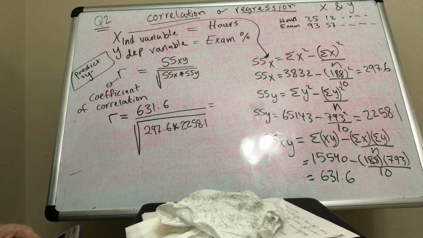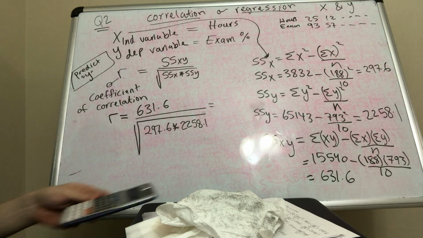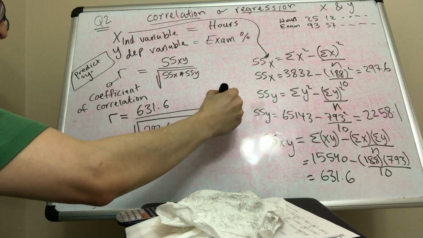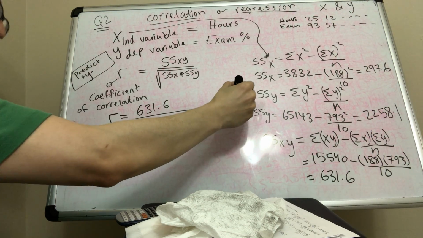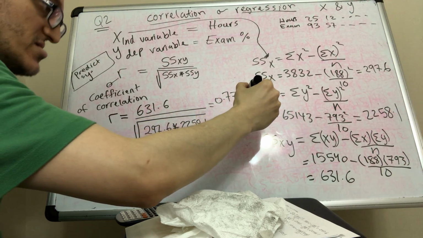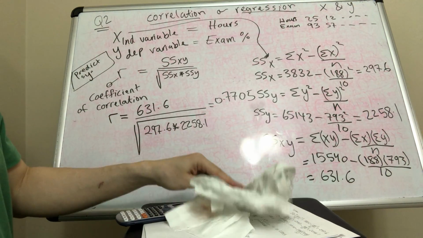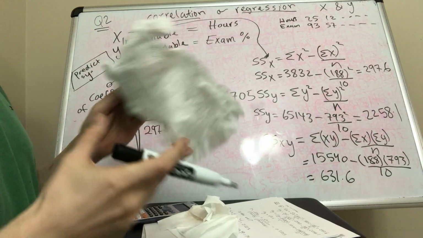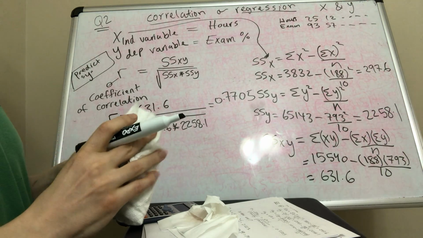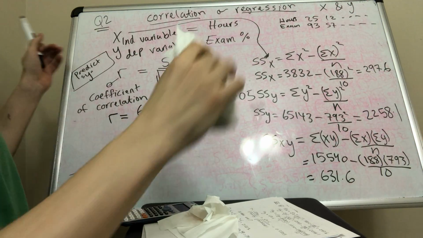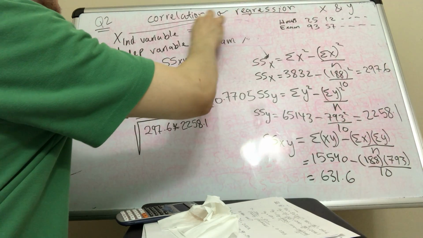So you do this and it gives you 0.7705. That's your correlation.